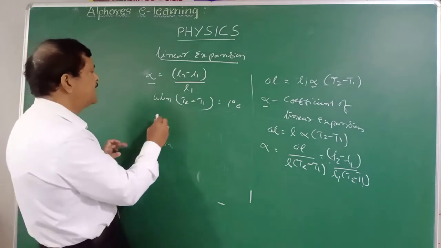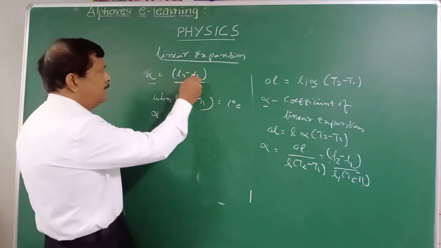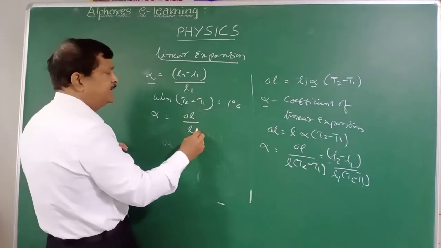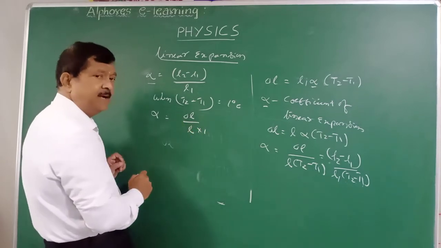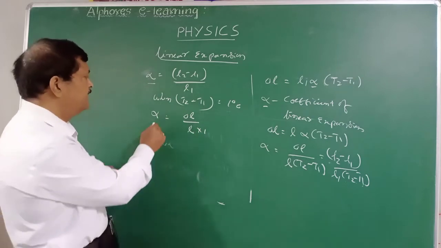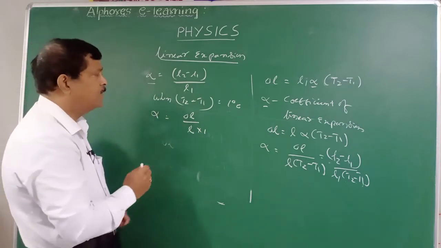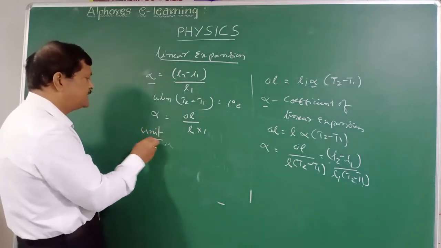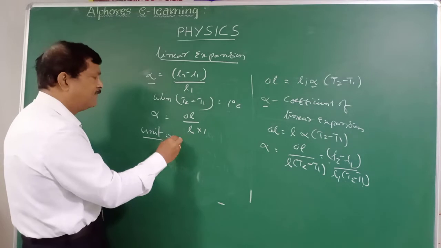Now we can also write this as alpha equal to delta L by L for 1 degree centigrade, because change in length is delta L and original length is L, when change in temperature is 1 degree centigrade. That is the value of alpha. Now, how to give the unit of this alpha?